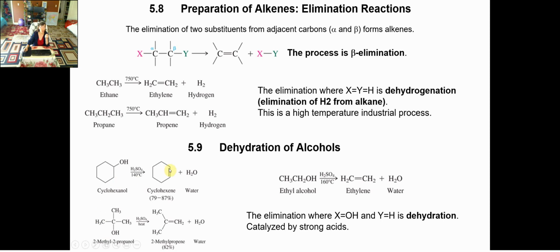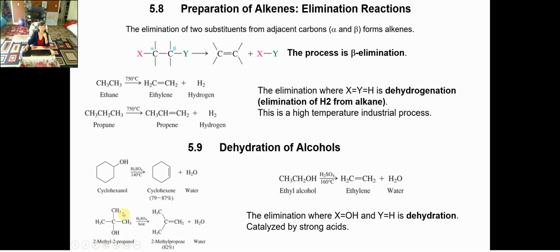So you remove your OH from your alpha carbon, hydrogen from your beta carbon, you produce a cyclohexene. So this reaction requires a strong acid such as sulfuric acid. Reaction occurs at 140 Celsius. It's a very effective reaction. Production yield 79 to approximately 87%.